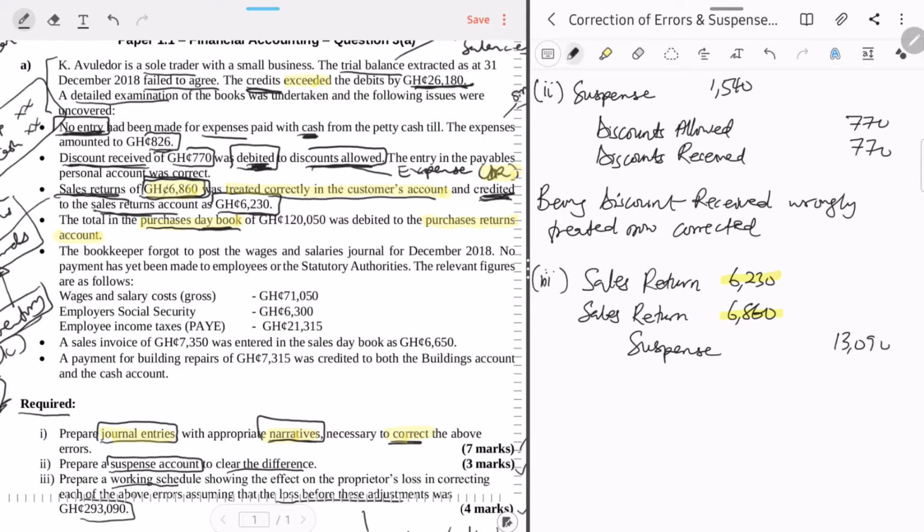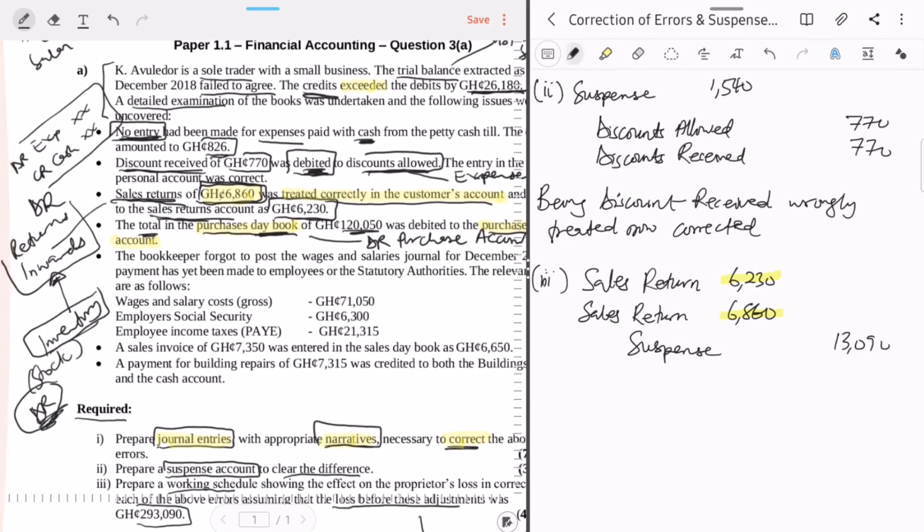So here they are saying the total in that notebook of 120,000 was debited to the purchases returns account. The truth is, the purchases day book total should have been debited to the purchases account because it's simply a list of all your purchases, right? So if you sum them up, obviously the total should go to the purchases account.